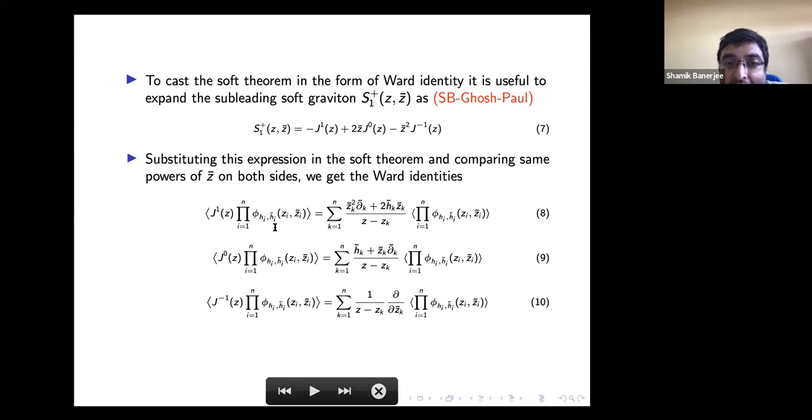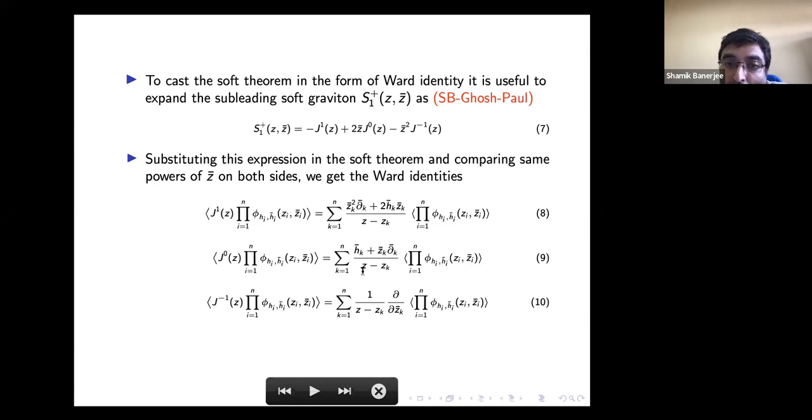They have the standard form of the Ward identity of the SL2C bar, or SL2R bar, depending on whether you treat them as real or complex.